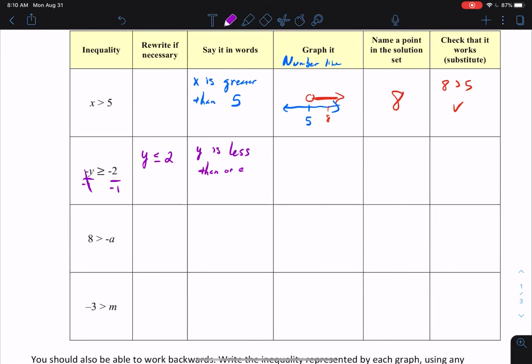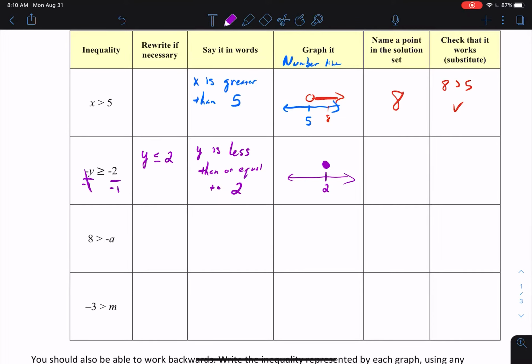If I wanted to make my number line here, starting at 2, since I have equality, since y could also equal 2, I'm going to make a closed circle here because I can include 2. And now I need to shade the region. So y is less than, so I need to go to the left. I need to go lower. All right, name a point in that solution set.